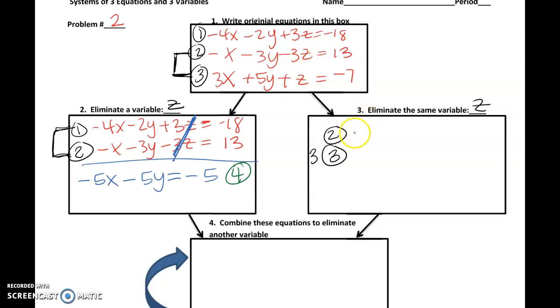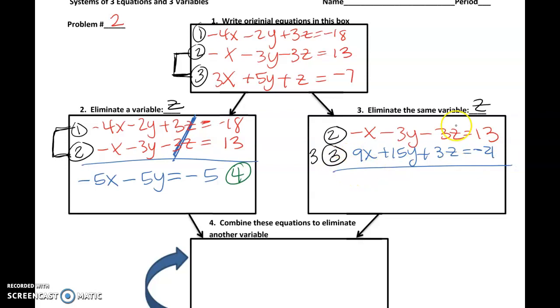Again, equation 2, I'm not multiplying by anything, so I'm just copying down my equation. And then equation 3, I did multiply by something, so I'm going to get 9x plus 15y plus 3z equals negative 21.